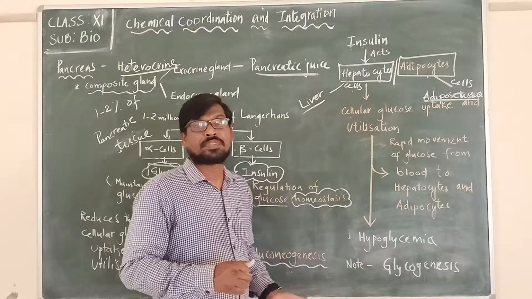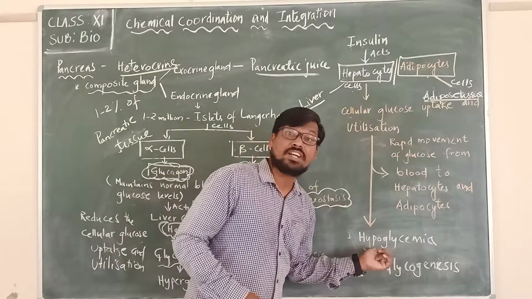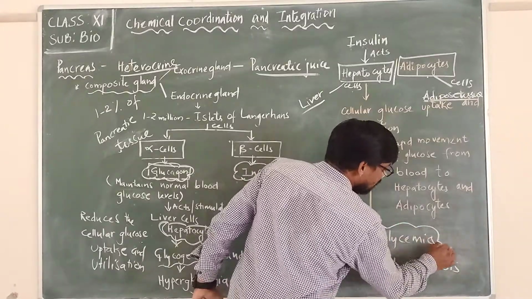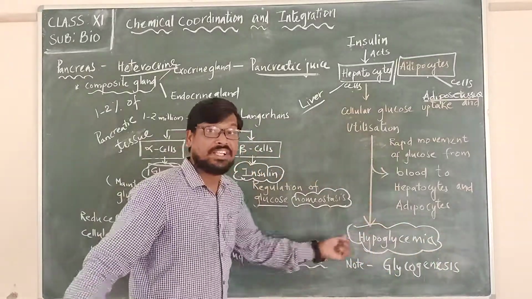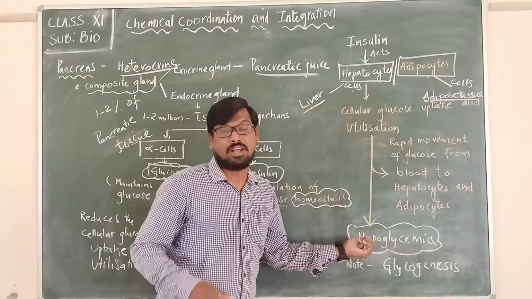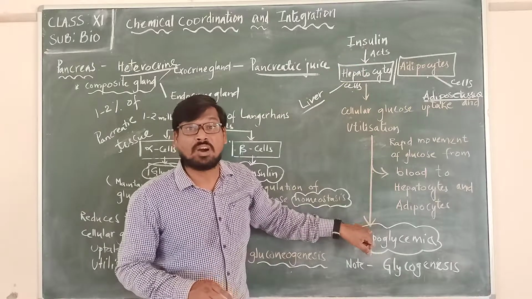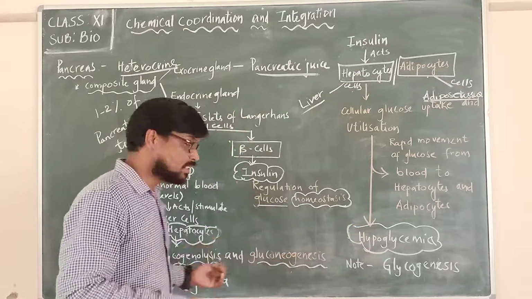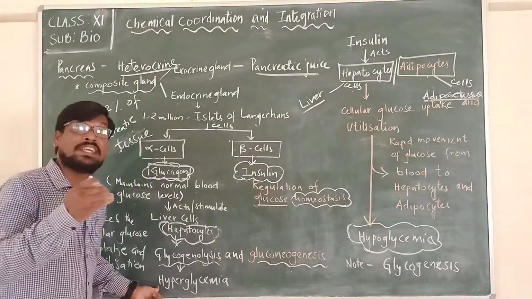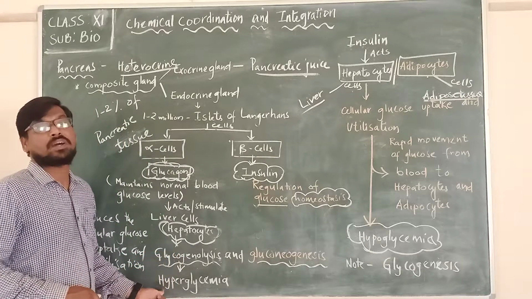Hypoglycemia means decreased levels of sugar in the blood. Please remember this word, hypoglycemia. Decreased sugar levels in the blood is called hypoglycemia. So you have to remember, insulin leads to hypoglycemia, whereas glucagon leads to hyperglycemia, increased levels of sugar in the blood. That is called hyperglycemia.